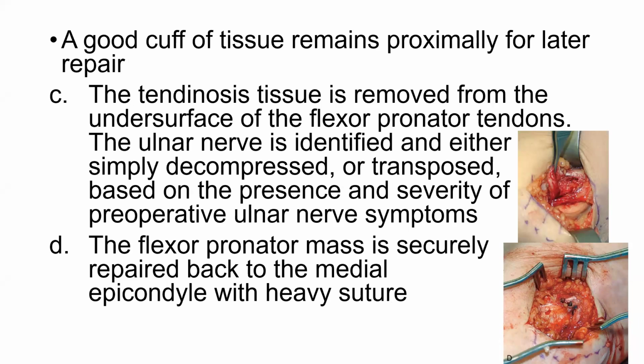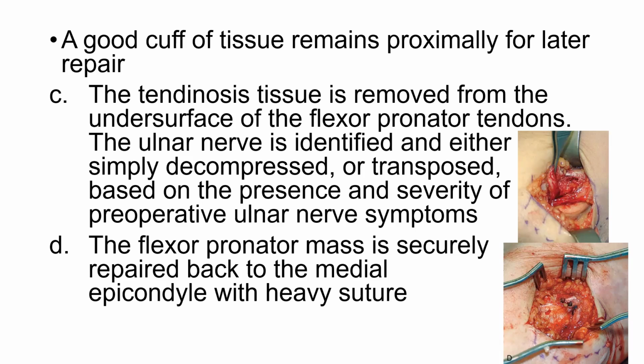The ulnar nerve is identified and either simply decompressed or transposed based on the presence and severity of the preoperative ulnar nerve symptoms. So the tendinosis is resected from the pronator teres group and the flexor group.